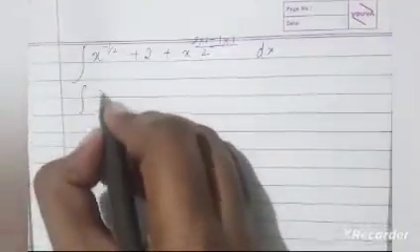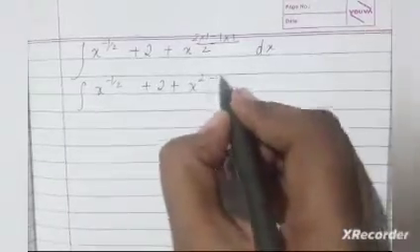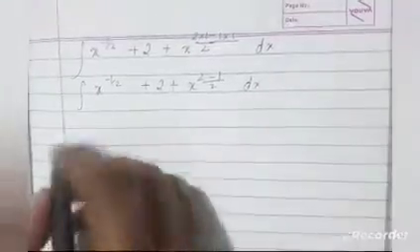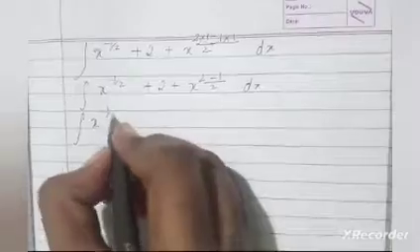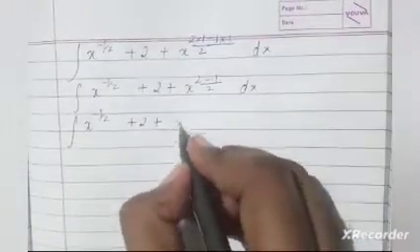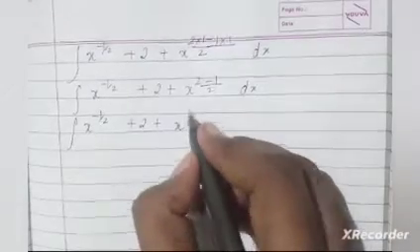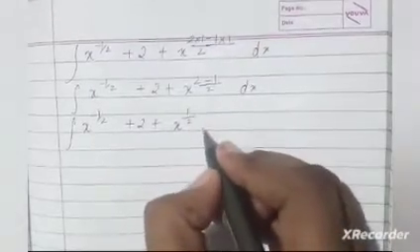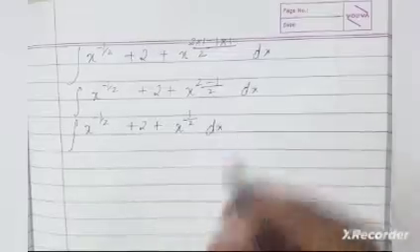Then integration of x raised to minus 1/2 plus 2 plus x raised to (2 minus 1)/2 dx. Again integration of x raised to minus 1/2 plus 2 plus x raised to 1/2 dx.